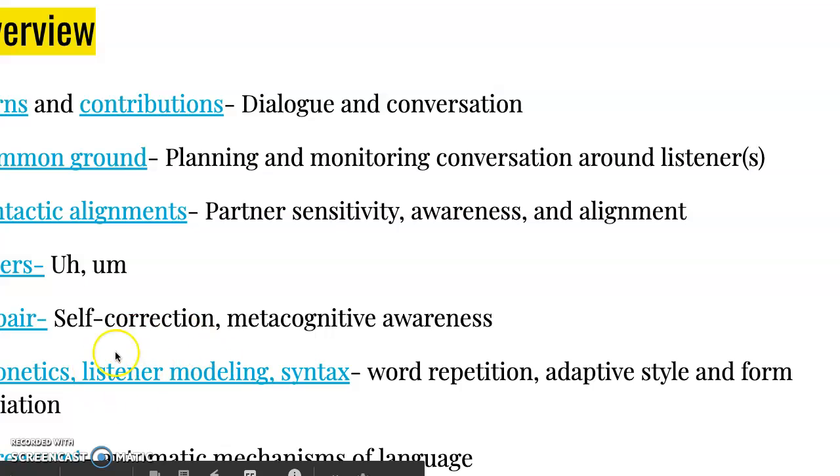So we're just going to do a little bit of practice with listener modeling, syntax, and phonetics. And then lastly, for the unit, we'll talk about agreement. This has to do with the automatic mechanisms of language. What that means is that we naturally do things as speakers that we're not really aware of. So we use proper subject-verb agreement.